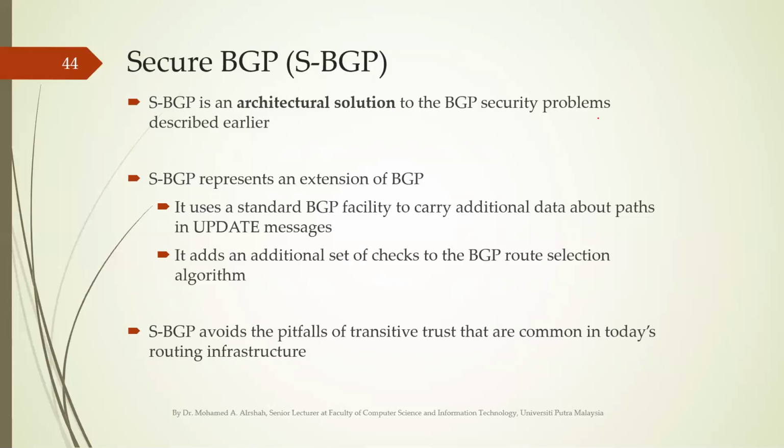It helps BGP exchange additional data about paths using the update messages. It adds an additional set of checks to the BGP route selection algorithm. SBGP avoids the pitfalls of transitive trust that are common in today's routing infrastructure.